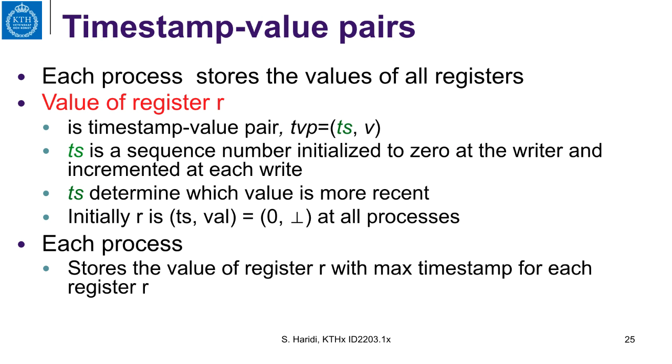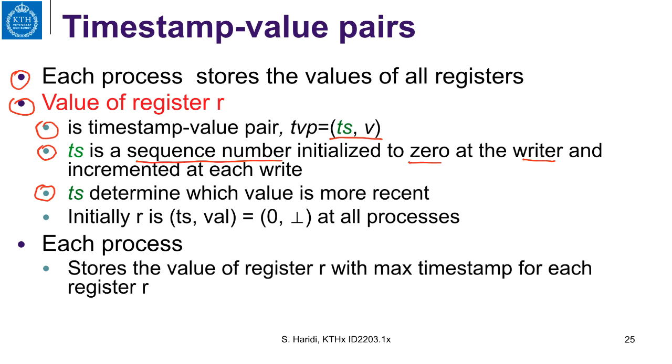Before that, let's introduce the notion of timestamp value pairs, where each process stores the value of all registers. But we will describe this algorithm with respect to a single register. So what is the value of a register R? It is a timestamp value pair, TSV, and TS is a sequence number initialized to 0 at the writer. A sequence number is just a counter and is incremented at each write.